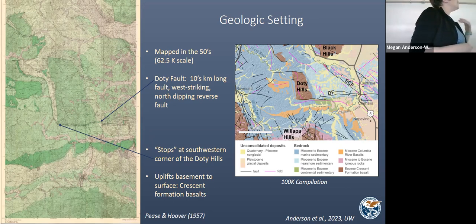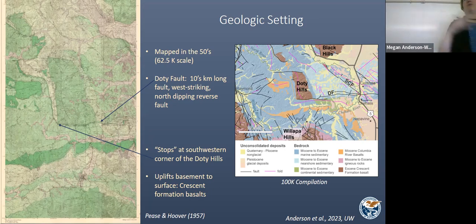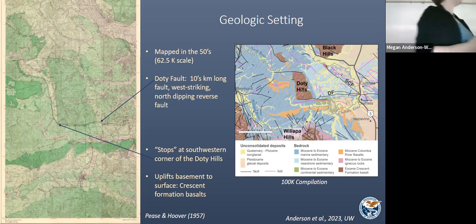And in the 1950s mapping, it kind of stops at the southwestern corner of the Doty Hills. Big faults that have a lot of displacement don't just stop. We know that. So something has to happen there. And we weren't sure: was the mapping wrong, or is there something that we're missing? And so we wanted to go in and check the mapping.